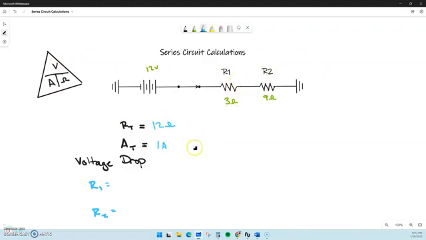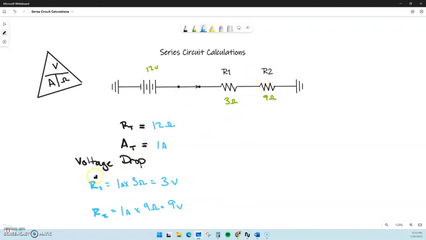So voltage drop is equal to amps, 1, times 3 ohms for the first one, so that's 3 volts being consumed by R1. What about R2? Same thing. We're going to do 1 amp times 9 ohms, and that is equal to 9 volts being dropped or consumed across R2.